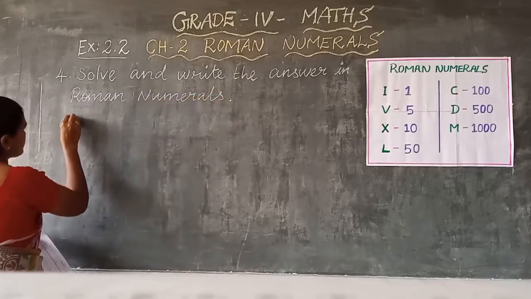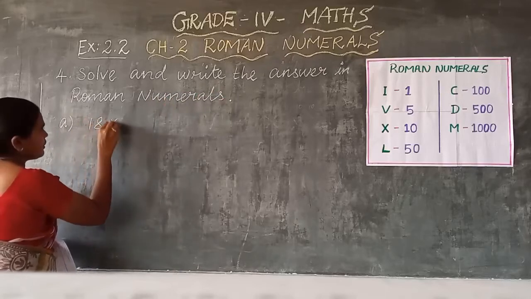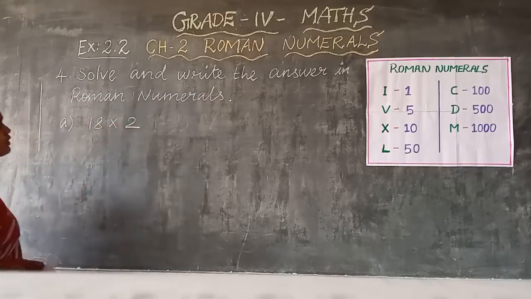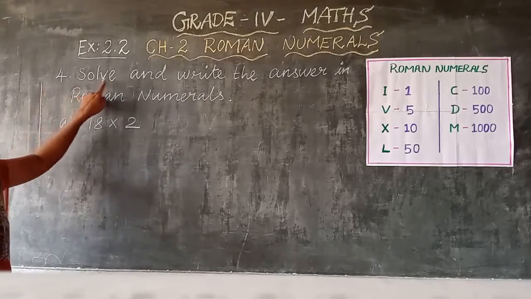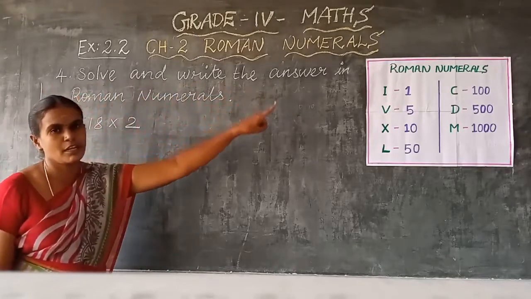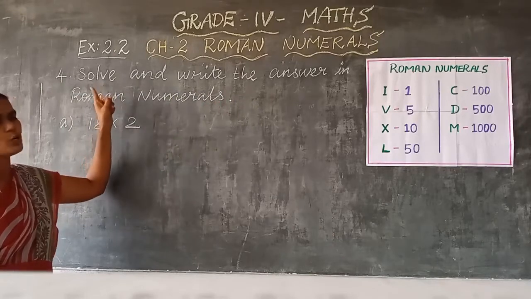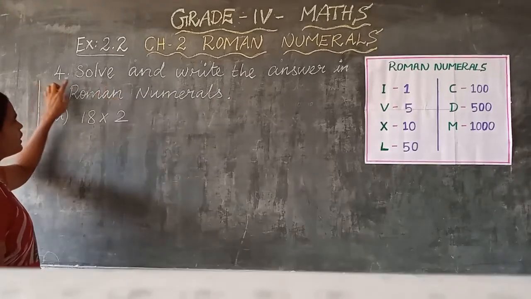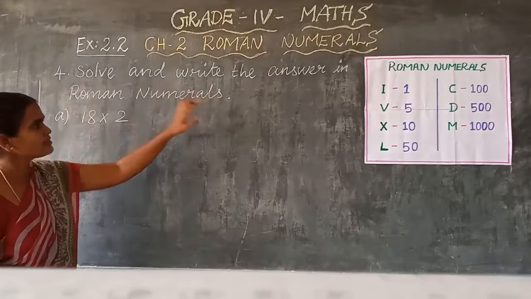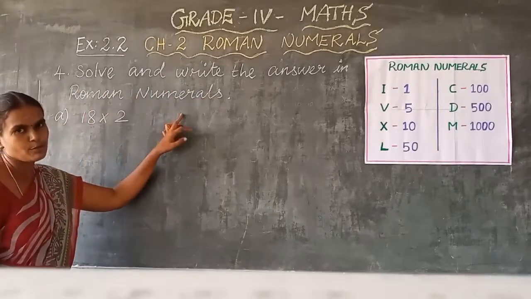First one, A question, 18 multiplied by 2. Solve means calculation.